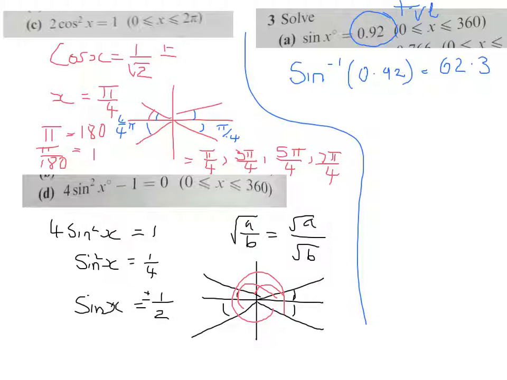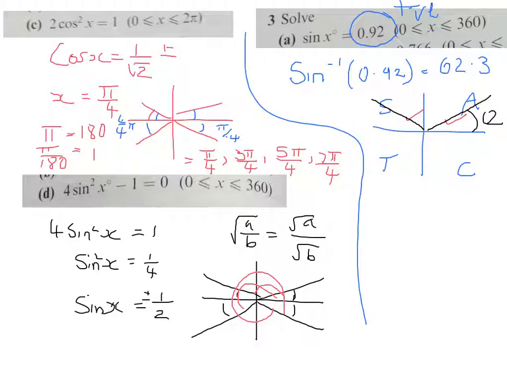And because it's positive, if you think about your cast diagram, cos positive, all positive, sine positive, tan positive, we are only having positive solutions for sine here and here. So yes, we've got 62 odd degrees, but that's going to be 62 degrees with the x-axis here and 62 degrees with the x-axis here.